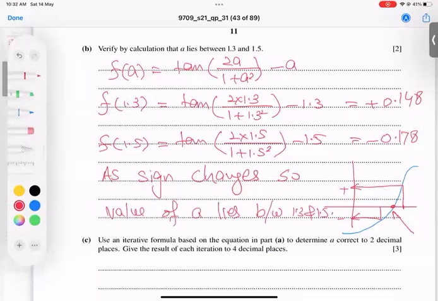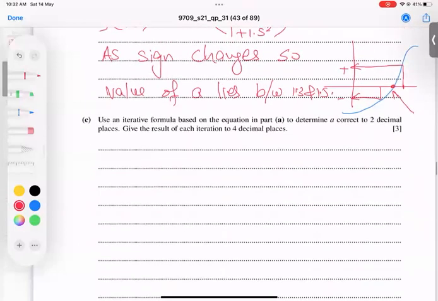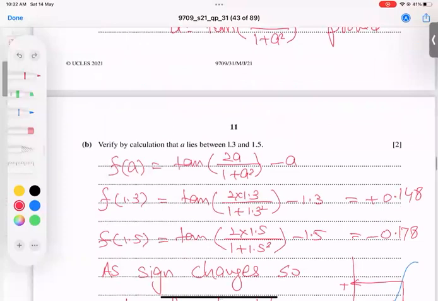So Alhamdulillah, this point is very clear. Use an iterative formula based on the equation in part A to determine the value of a to 2dp, and in each iteration give a 4dp answer. So I'm going to write a formula.